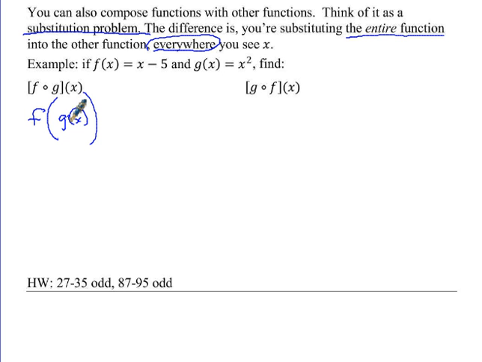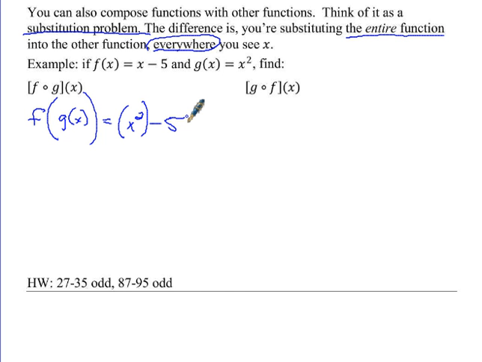So we're going to write f of x, but when we see that variable x, we're going to actually write the whole function g of x. So instead of x, I'm writing what g of x is, x squared. Finish off the function f, so it's x squared minus 5.